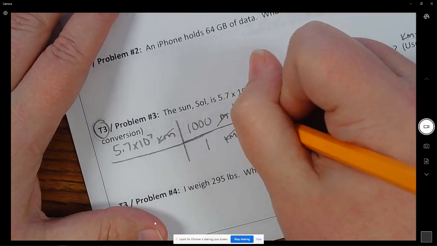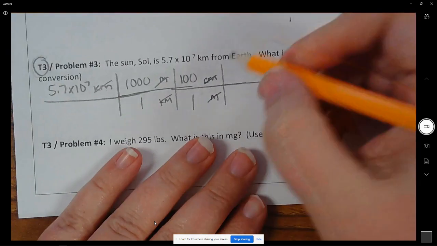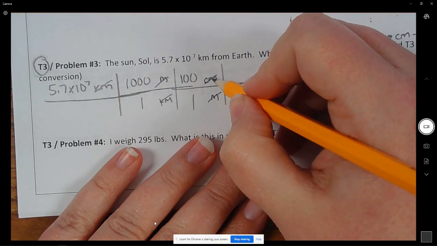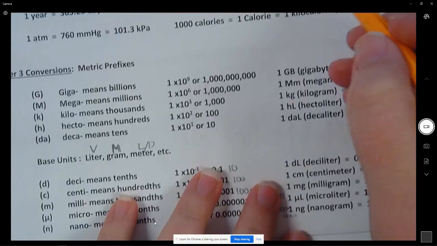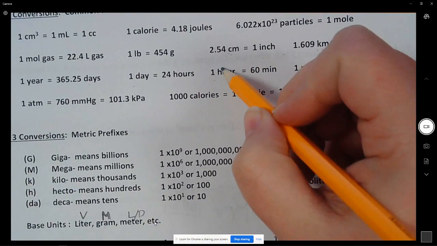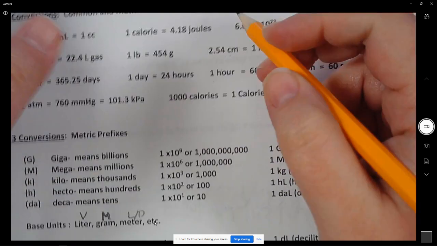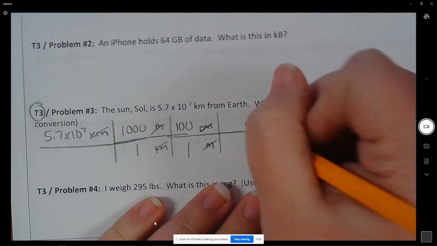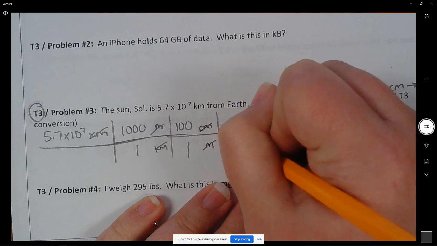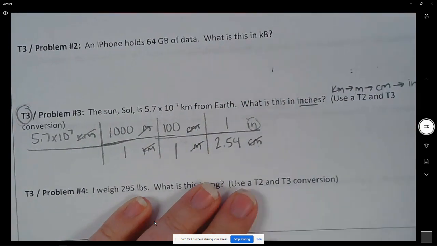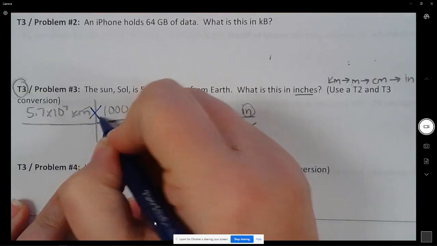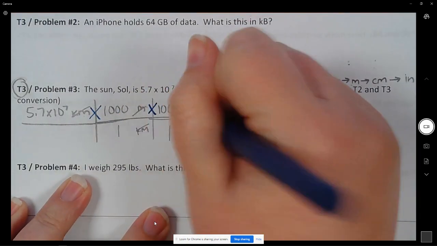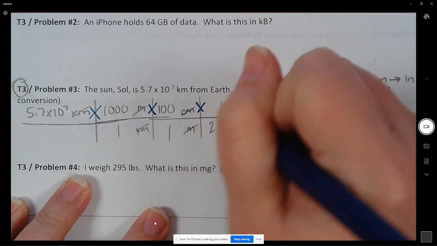Now that I have centimeters, I can go from centimeters to inches. So 1 inch is 2.54 centimeters. Now I just put in the math. Each number on top gets multiplied, and each number on bottom gets divided.